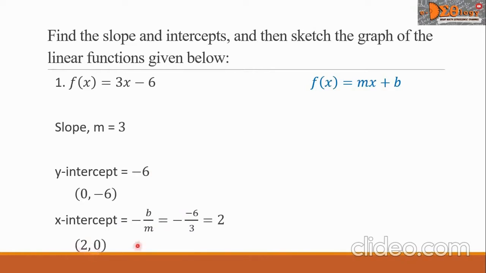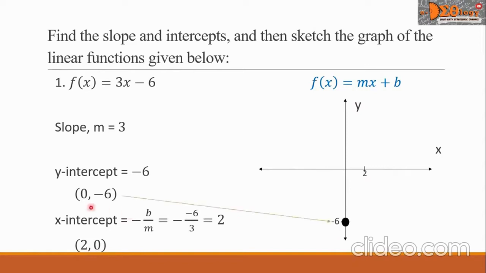Now let us sketch the graph. Let us show the x and y axis and then identify the negative 6 in the y-axis and the positive 2 in the x-axis. Then let us plot the points.